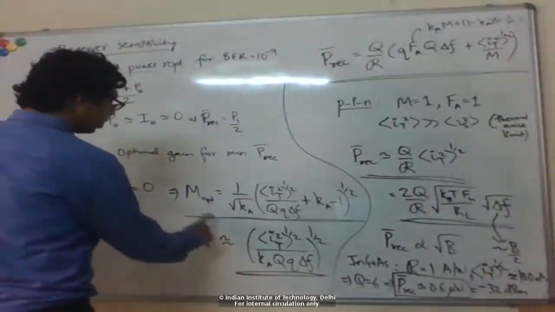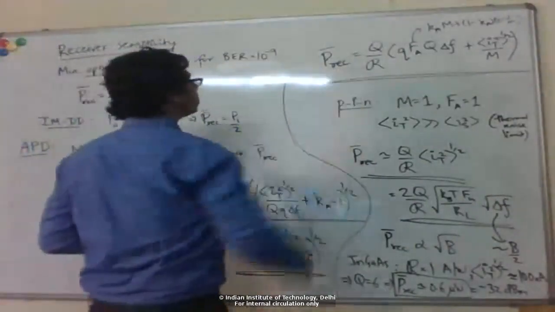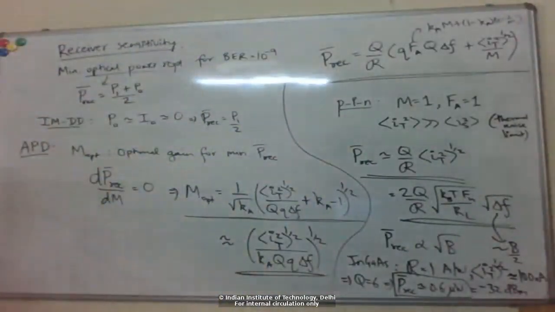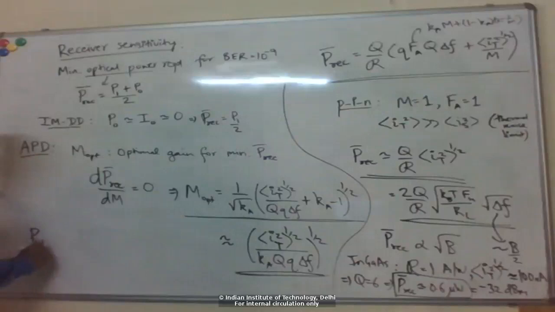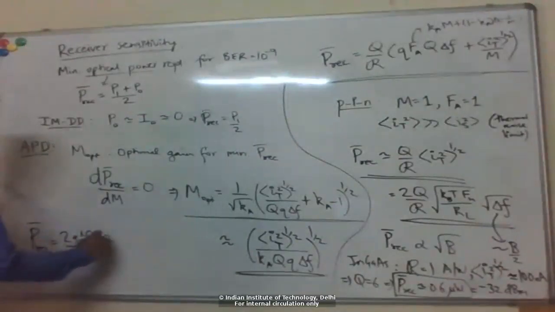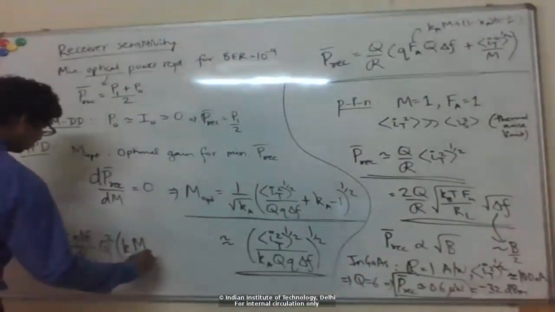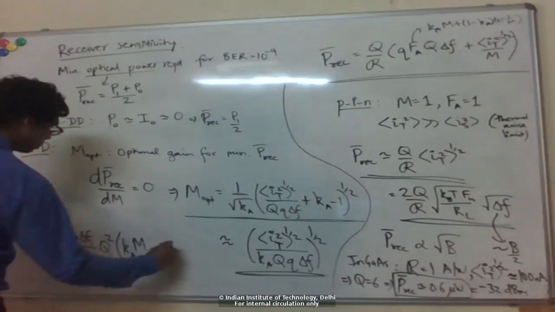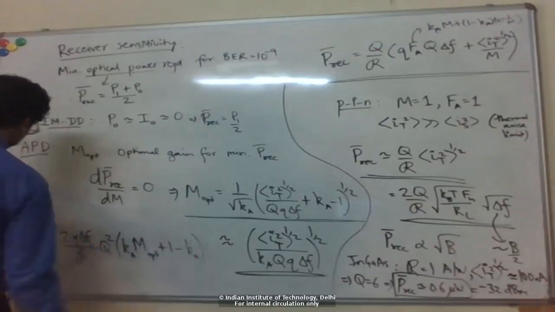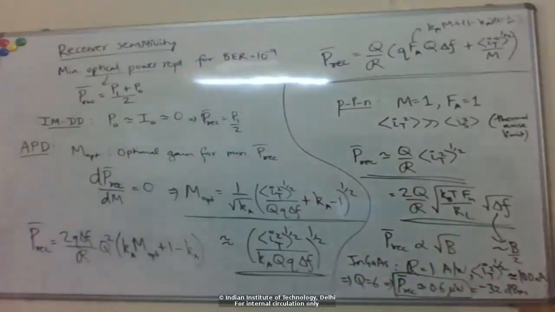Anyway, so if you put this value of M now into this expression for the received power, that comes out to be this.